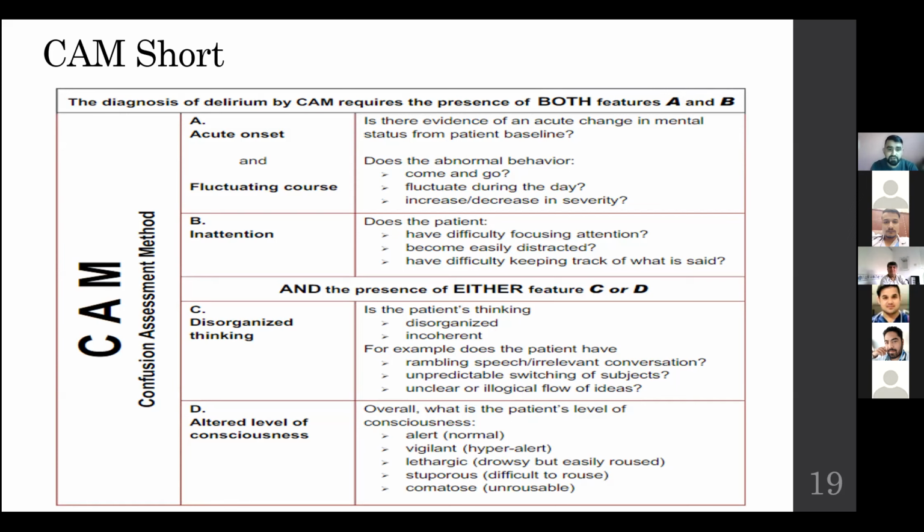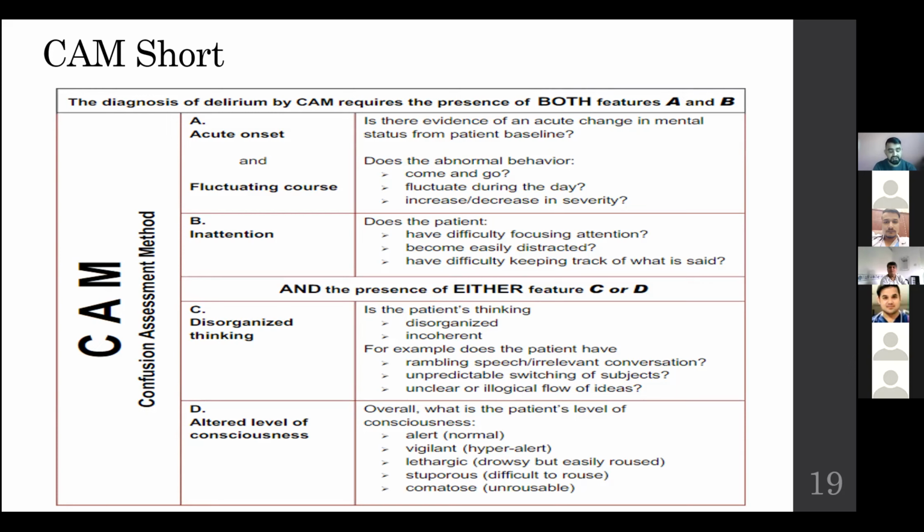One common test I use for inattention is asking the patient to count from 20 to 1, and we can look for the patient's ability to maintain or shift in emotion on counting from 20 to 1. So A and B should be present, and one of C or D should be present.